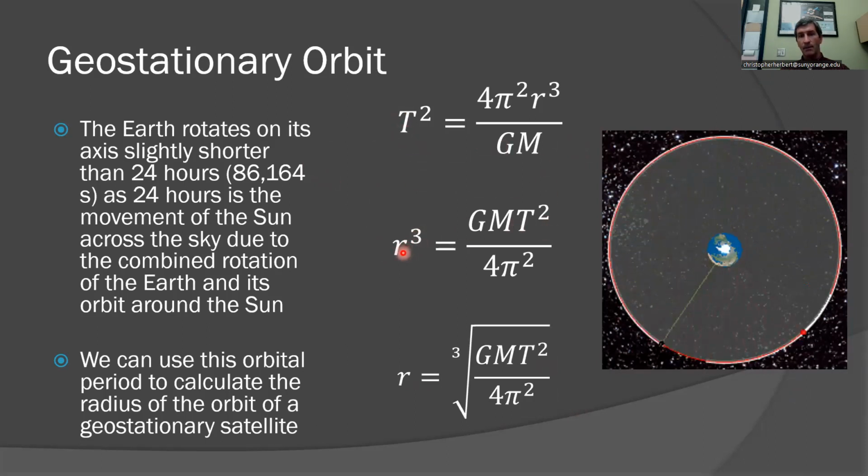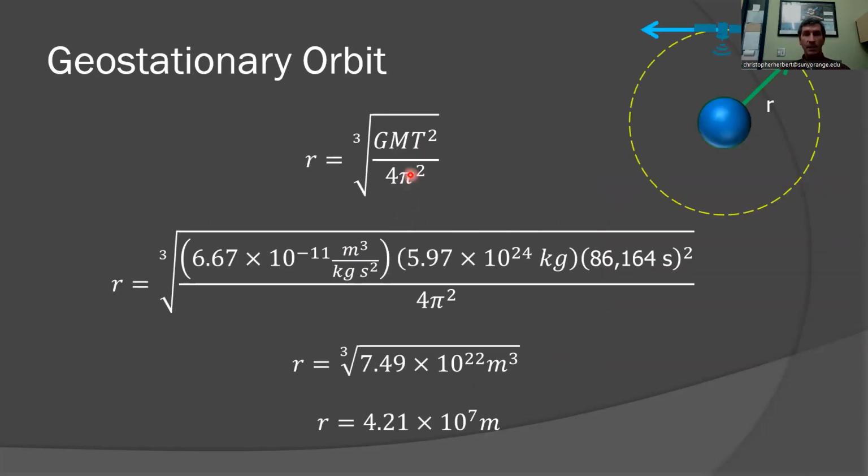I have r cubed proportional to T squared. So to get rid of the cube, I've got to take the cube root on both sides. And when I plug in all my numbers, G, the mass of the Earth, the time for a geostationary orbit, divided by a constant 4 pi squared, I get that the radius is 4.21 times 10 to the 6 meters.